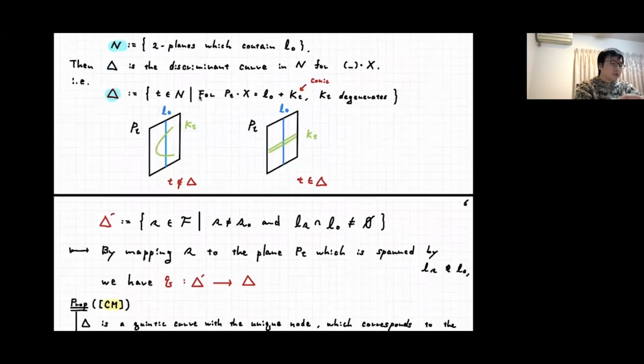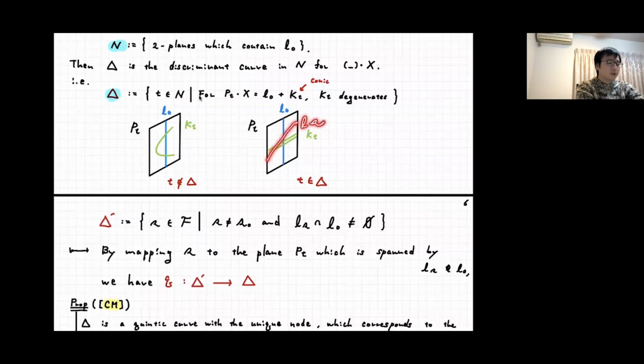And thirdly, the double covering delta prime is given by the point S in this Fano surface, such that first of all S should not be S naught, and also we have the intersection point of this LS with the fixed L naught. So LS intersection L naught is not empty. So it means that in this plane we obtain the L naught and LS here.